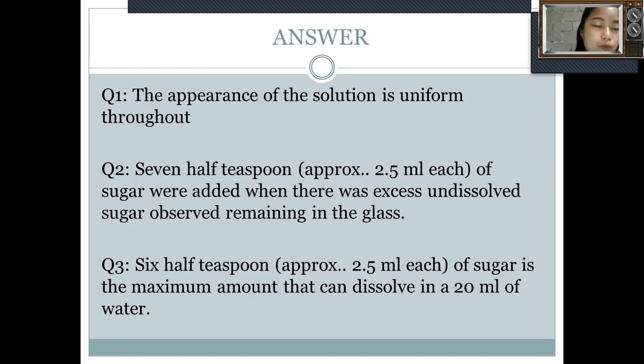So in question number 3, 6 half teaspoons of sugar is the maximum amount that can dissolve in 20 ml of water. So I guess we answered some of your queries.